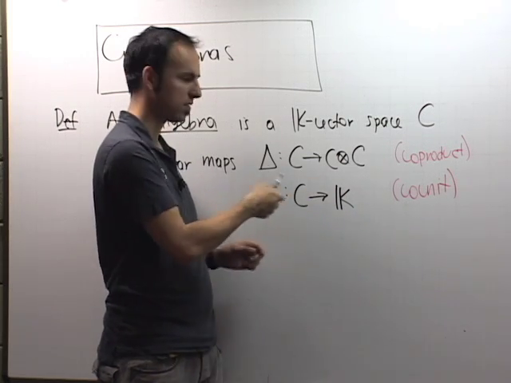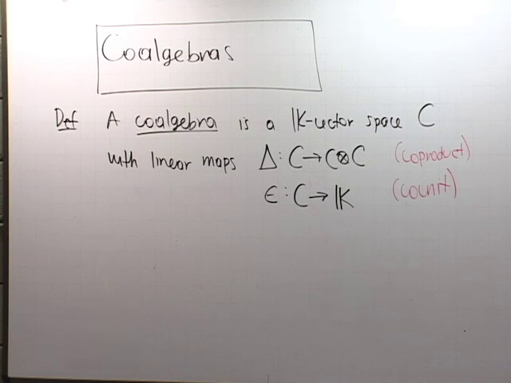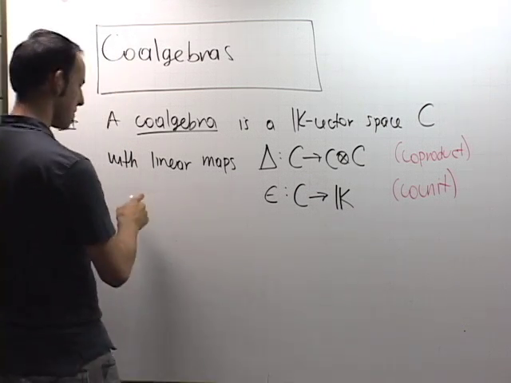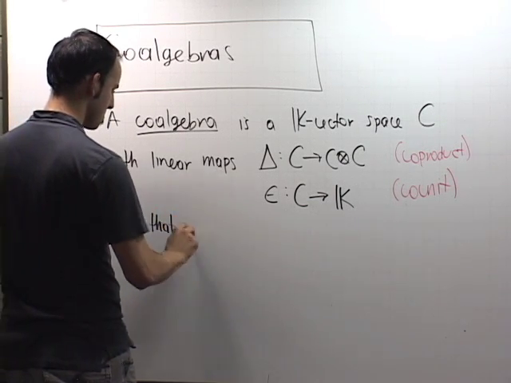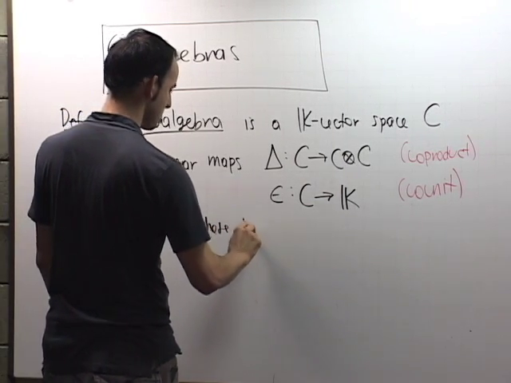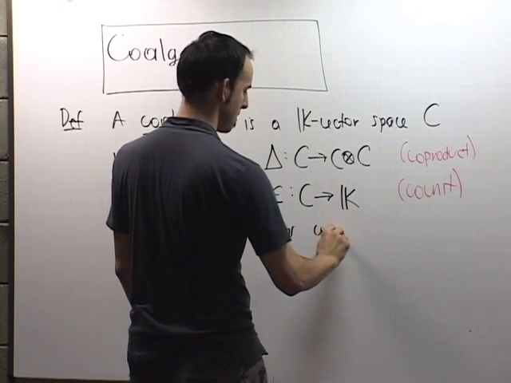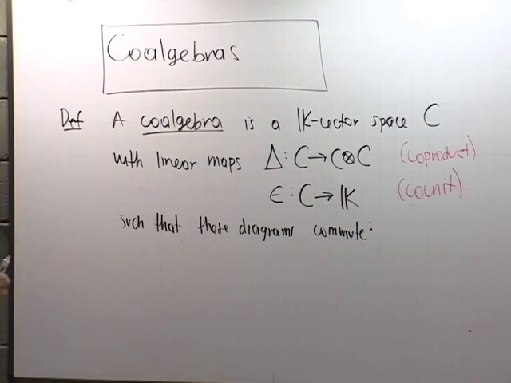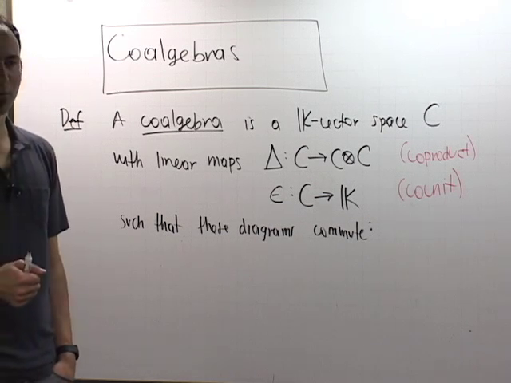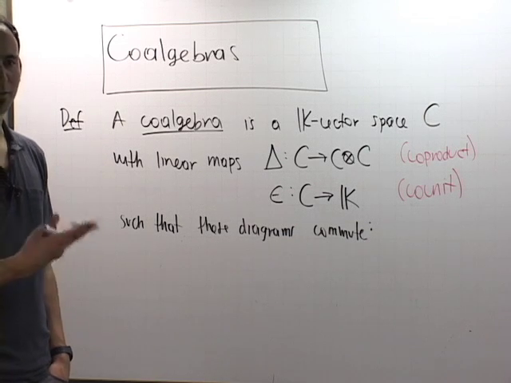So this is kind of the same thing, but with the arrows pointing in the other direction, such that some diagrams commute. And you might already know what to expect here. All I'm going to do is draw exactly the same diagrams that I drew for algebras, but I'm going to reverse all the arrows and make sure that everything makes sense.